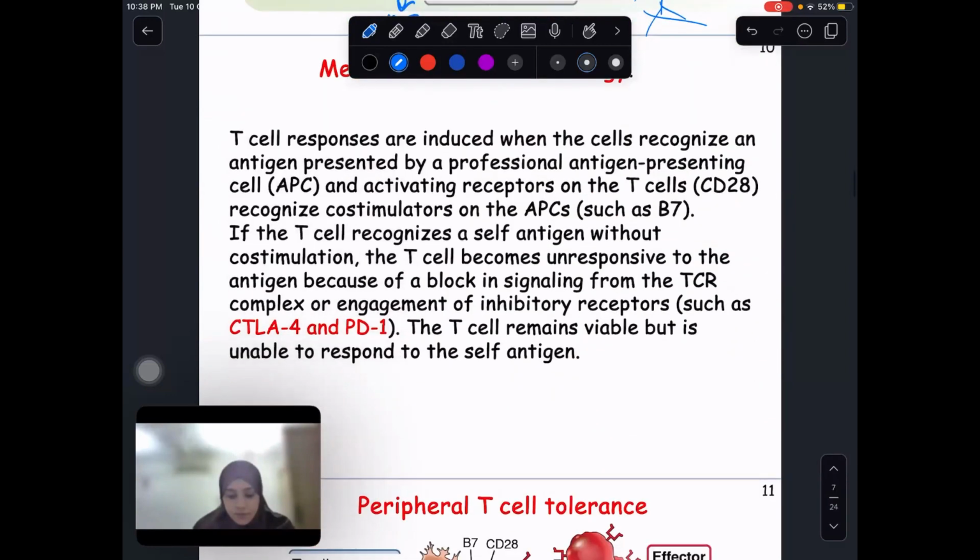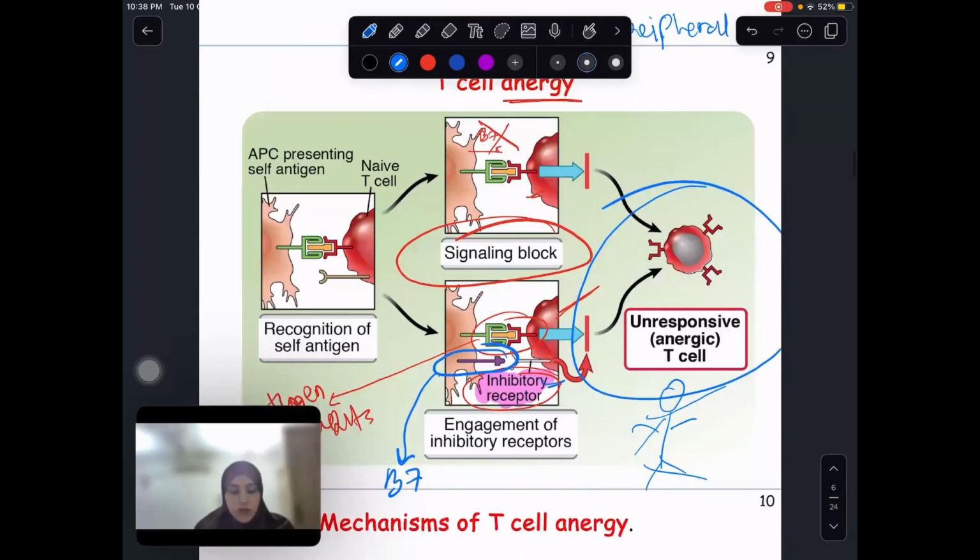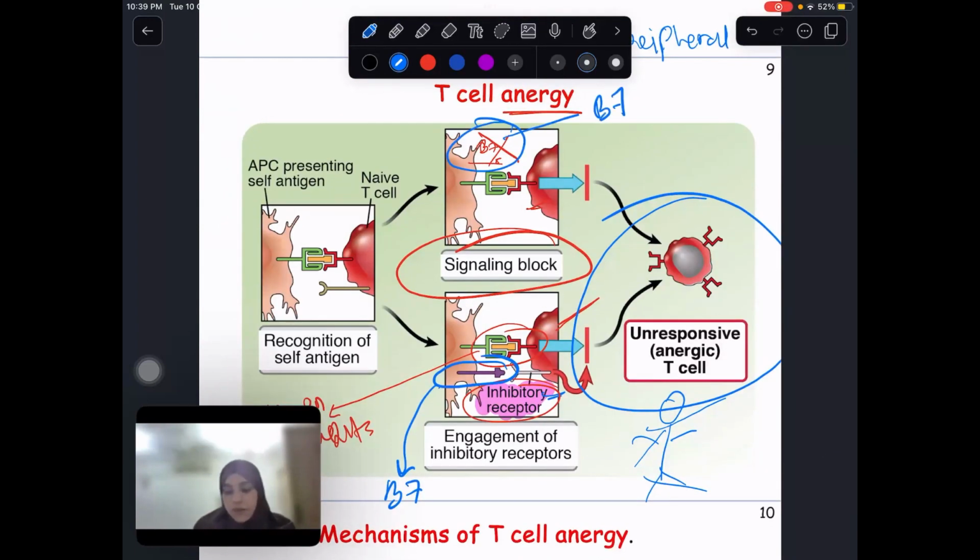This is the explanation of the whole thing. Here you can see that it says, if the T cell recognizes a self-antigen without co-stimulation. What is the without co-stimulation? This. I'm talking about the B7. If there's no B7, no CD28 signaling, the T cell will be able to understand, okay, there's no co-stimulation. Because there's no B7, this means I have to be unresponsive to this.